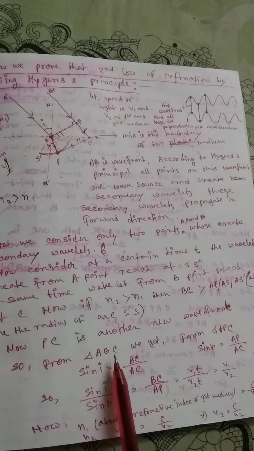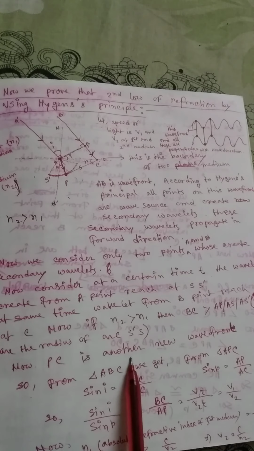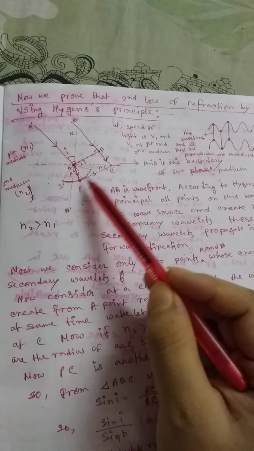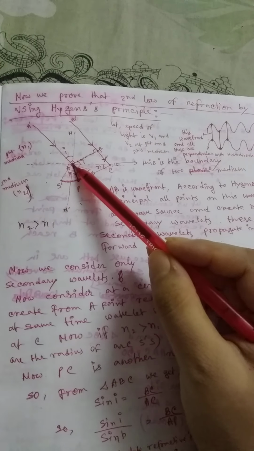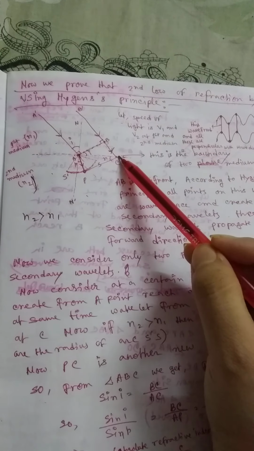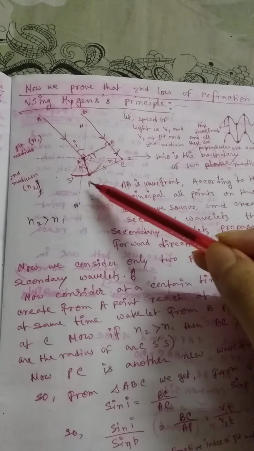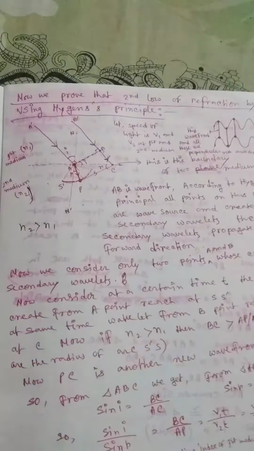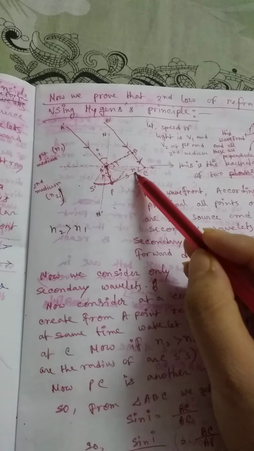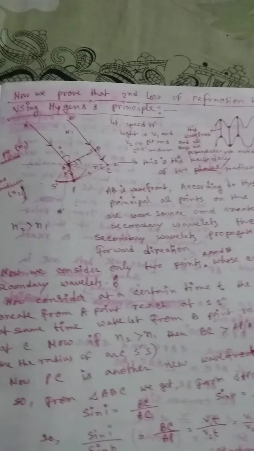So from now PC is another new wavelet, right? Because this wave reaches this point and this wave reaches this point. So if we connect these 2 points, then we will get another wavelet which is PC. That means each and every point on this PC behaves like a new wave source.